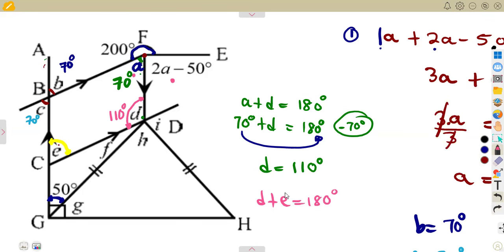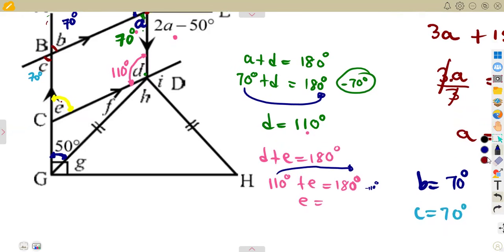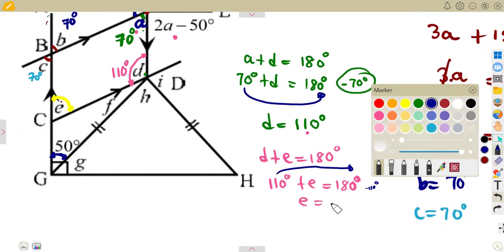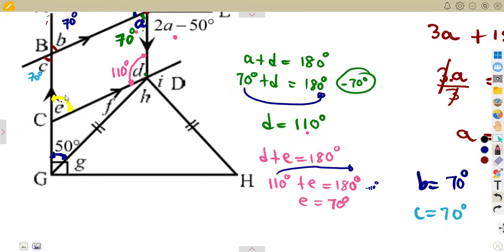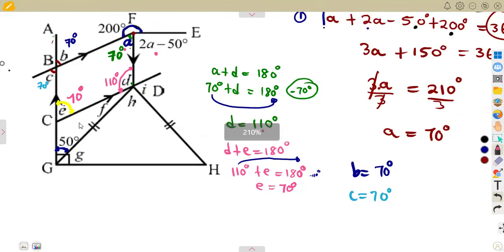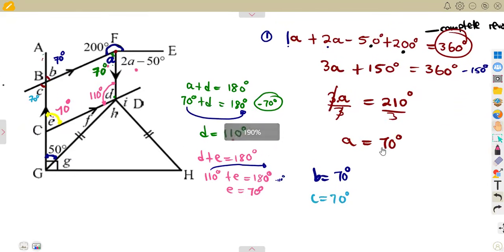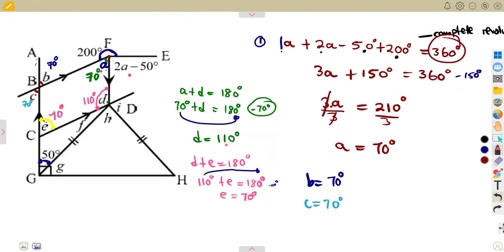We calculated D and got 110. So 110 plus E is equal to 180. We take 110 to the other side, it will be minus 110. So 180 minus 110 is 70 degrees. So E is equal to 70 degrees. That is how we could have calculated our E.